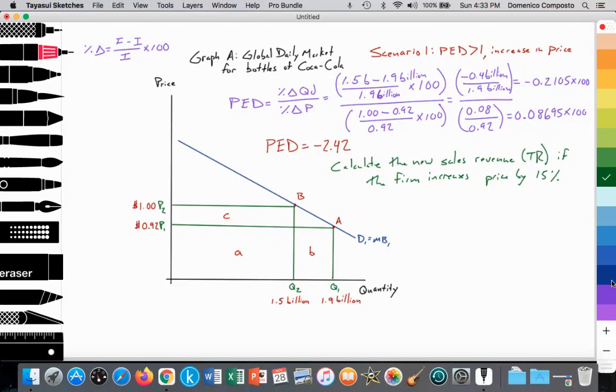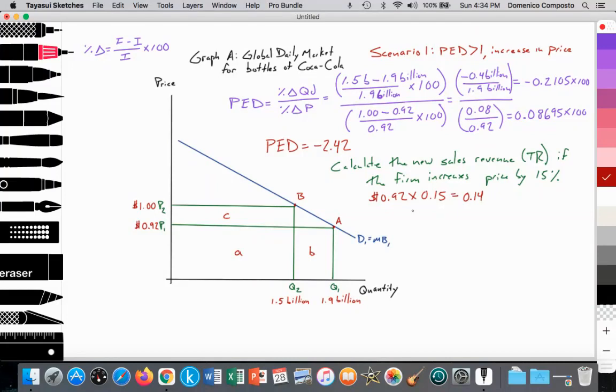To solve that, we're going to start at a price of 0.92 at P1, multiplied by that 15% increase. You can do that by multiplying it by 0.15, and that tells us that that is essentially, if we round up, a 14-cent increase.